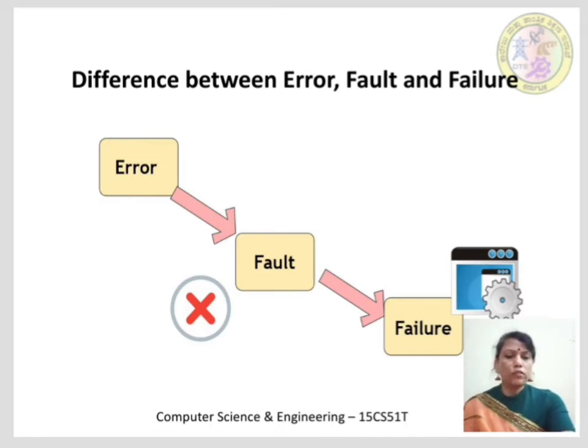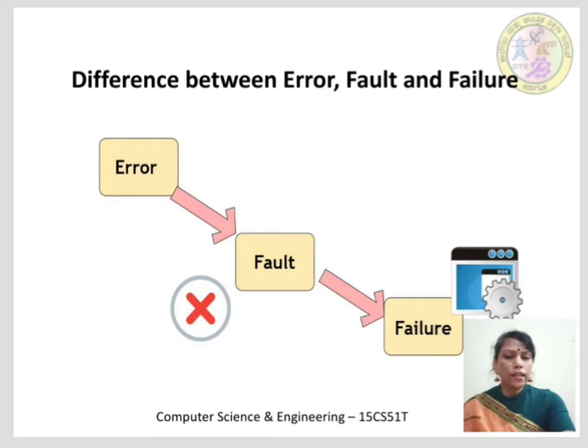IEEE definitions for error, fault and failure are: error is a human mistake that causes a fault, whereas fault is a discrepancy in code that causes a failure, and failure is when the external behavior of a product is incorrect.